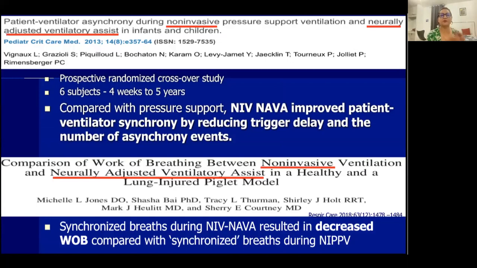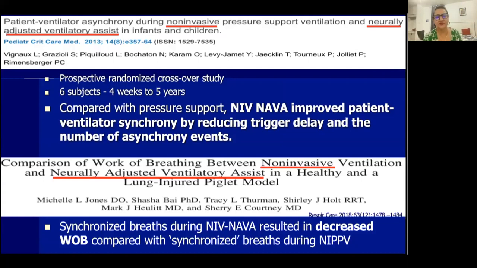So they put a baby on one mode and then on the other mode. Only 6 subjects were taken, aged 4 weeks to 5 years. They found that compared with pressure support, NIV-NAVA improved patient-ventilator synchrony by reducing the trigger delay and the number of asynchrony events. So this was a very small crossover trial.